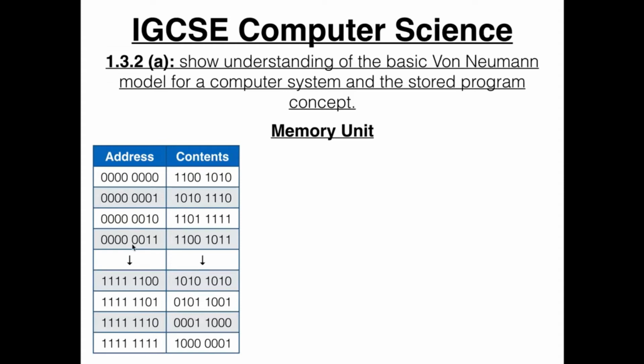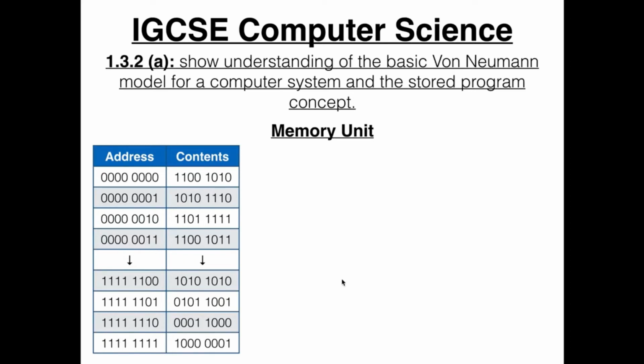They'd be pretty big. So this is just to illustrate what we mean. These arrows here basically mean that these continue until we get to 11111111, so there are quite a few in between.